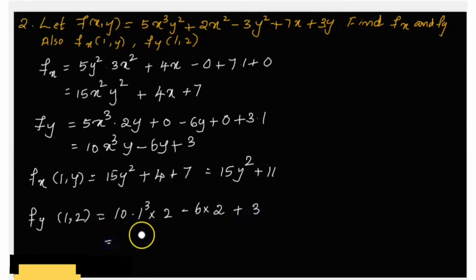So your answer will be 10 into 2, 20, minus 12 plus 3. 20 minus 12 is 8. 8 plus 3, 11.